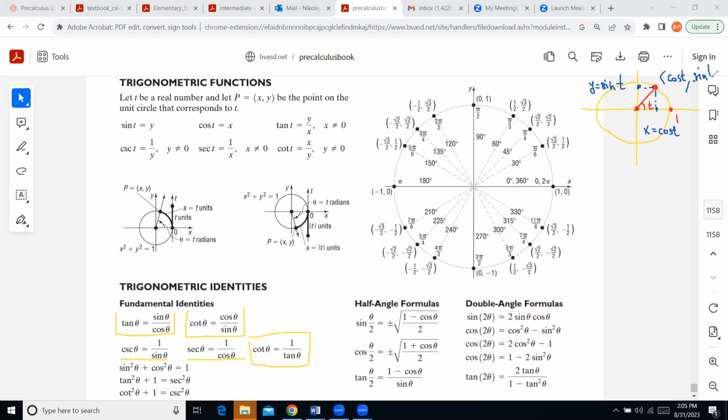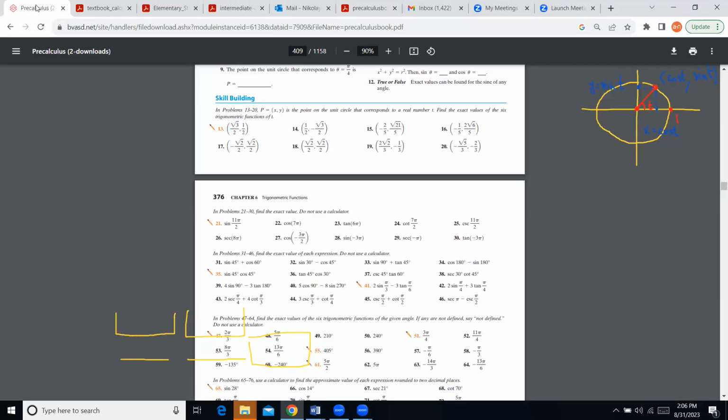This is probably the most important thing that we are learning right now, because if you feel comfortable with this definition, then you will always have the unit circle in front of yourself and produce the answer for the exercises. I would say half of the problems in this class will be related to this. That's one of the main secrets.